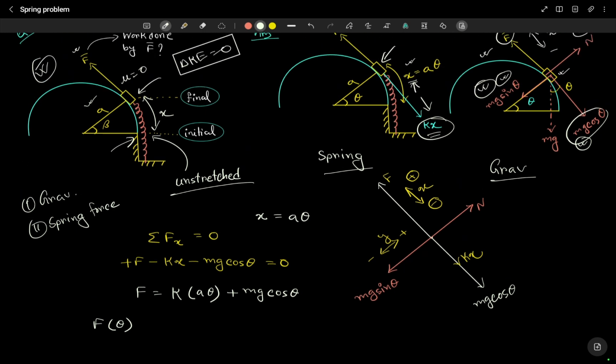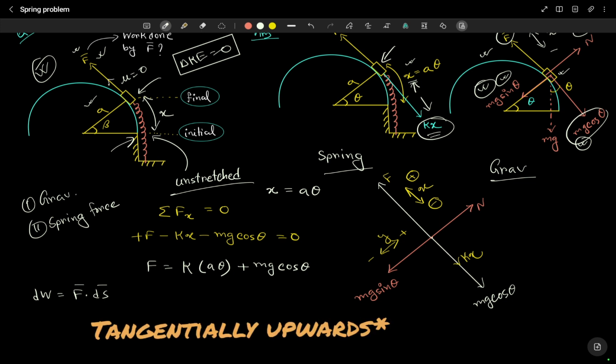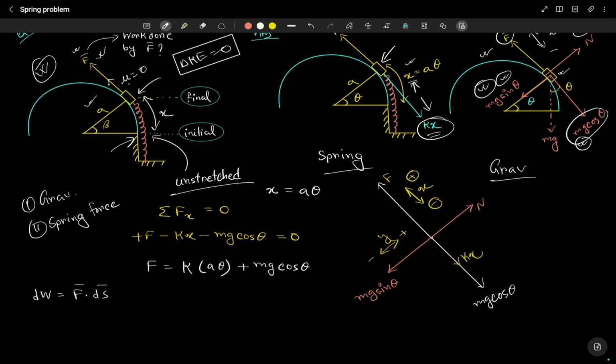Now we can calculate the work done. Put up the equation dW is equal to F dot ds. The force is in this direction, and of course the displacement will be in this direction as we are moving this box upwards. So ds will also be in this direction.